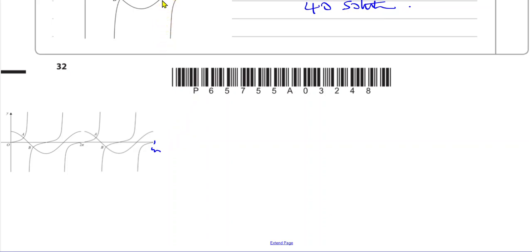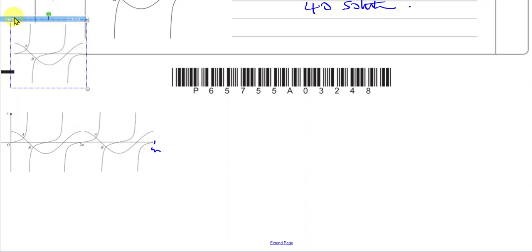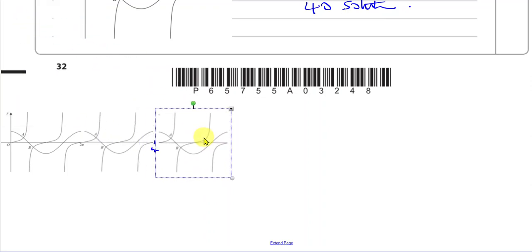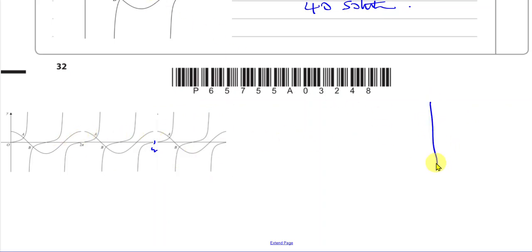And if I was to take that again and add it to that, it would be 8 pi. And then again, 12 pi, and then again, and so on. Altogether, up to 20 pi, you're going to have how many of these?